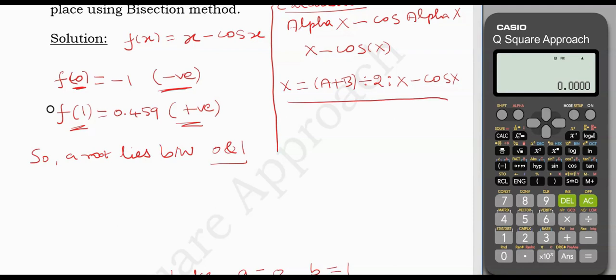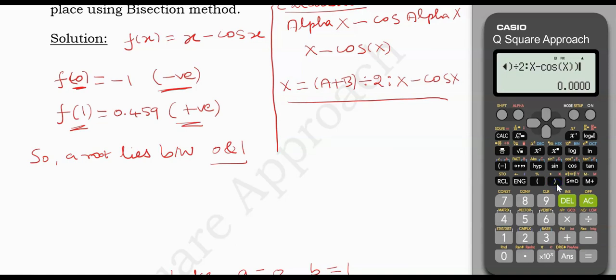Type this function in the calculator. Alpha x, alpha equal, then open the bracket, alpha a plus alpha b, close the bracket, divided by 2, then alpha colon, the given function is x minus cos x, so alpha x minus cos alpha x, close the bracket.